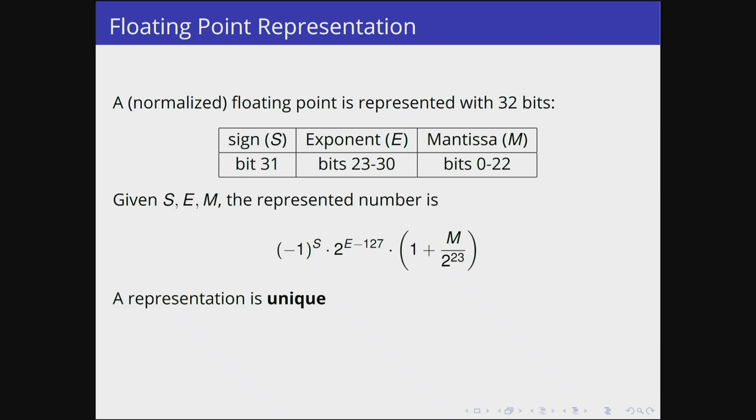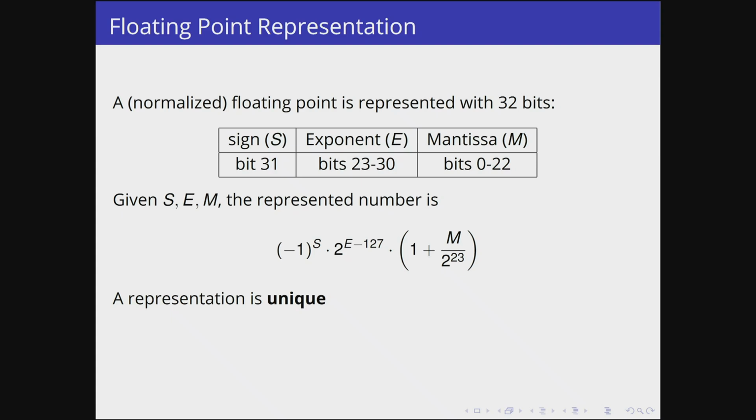So first we have to talk a bit about floating point representations. We are going to talk about single precision, but everything works quite similarly for every other representation of floating points. In our case, we have 1 bit for sign, 8 bits for exponent, and 23 bits for mantissa.